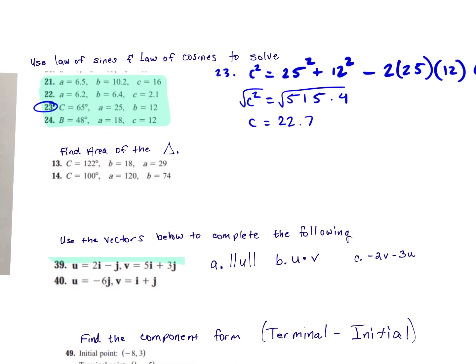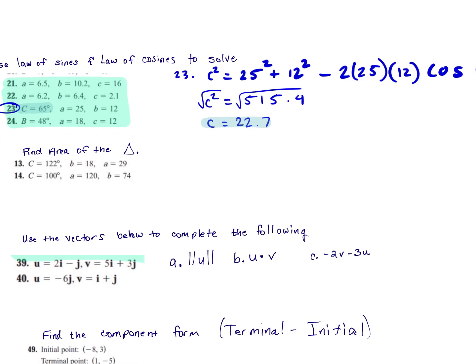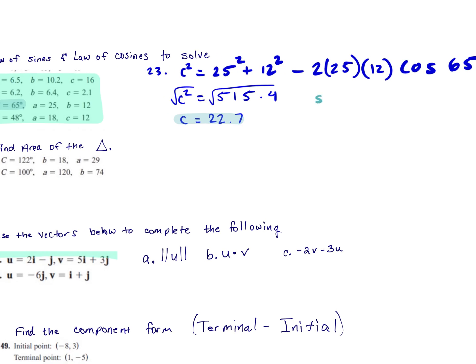So now that we have side C and angle C, we can use law of sines. So I can set up my proportion. I can say the sine of the angle, so 65, over the side, 22.7, is equal to, I'll find B next, sine of B over 12.